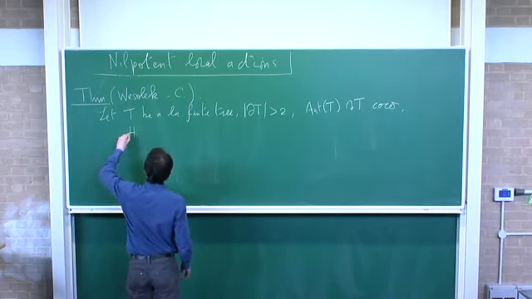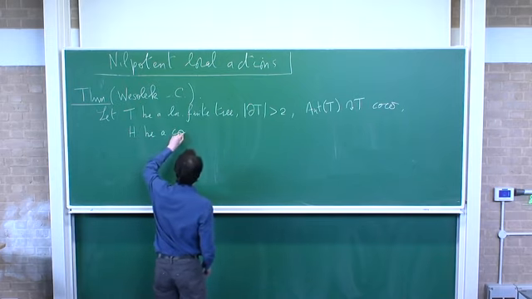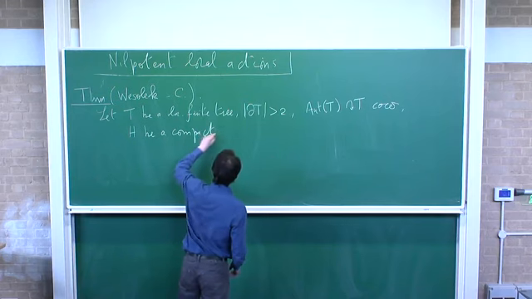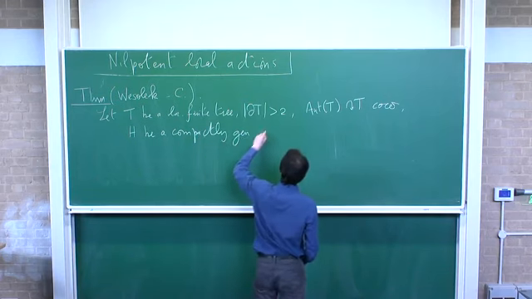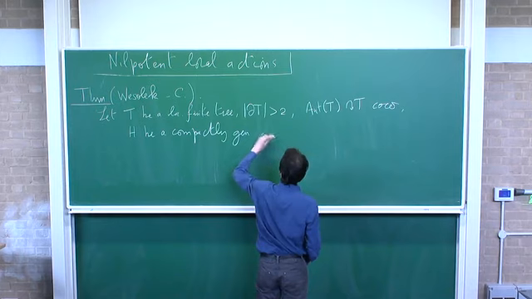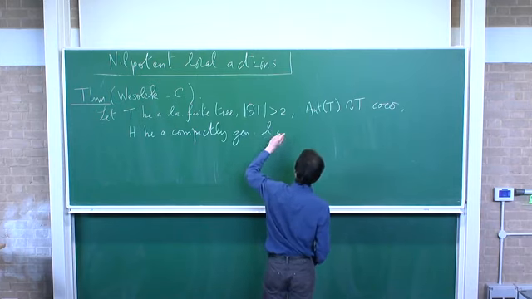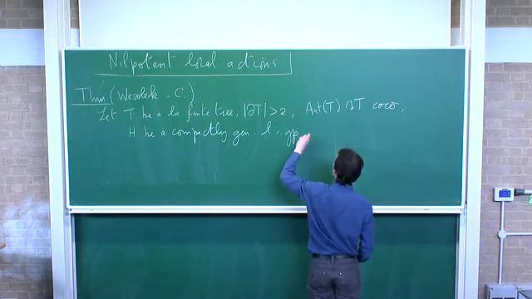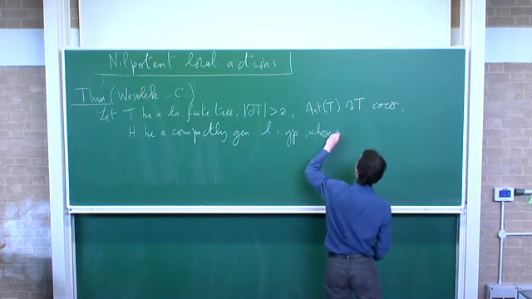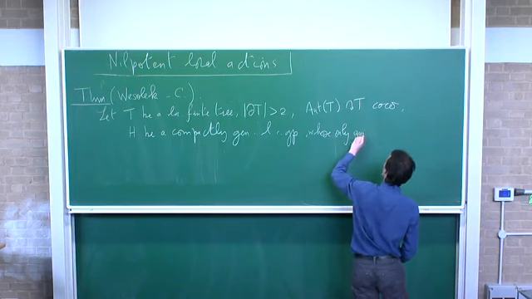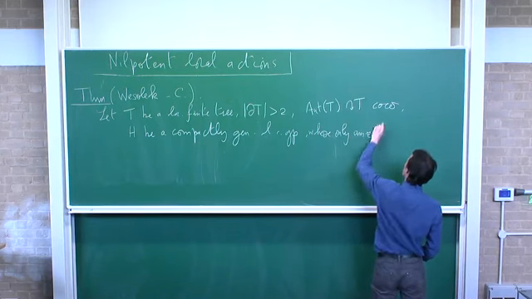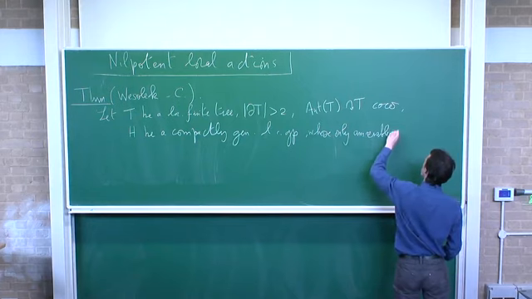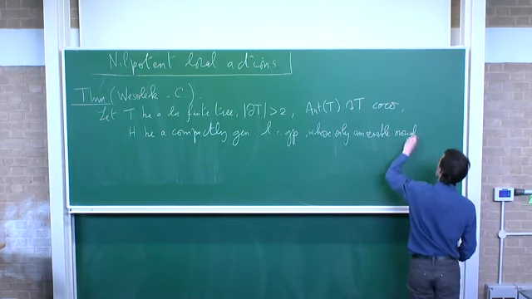And let H be a compactly generated locally compact group whose only amenable normal subgroup is the identity.